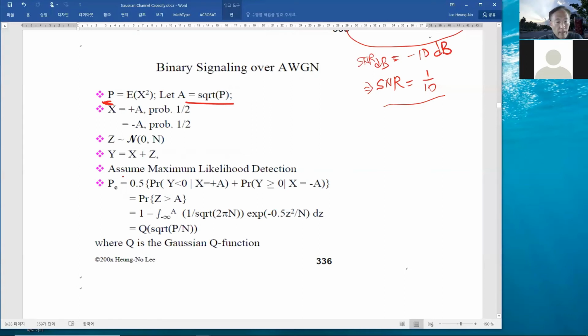We can assume maximum likelihood detection, and then we can analyze the probability of bit error.